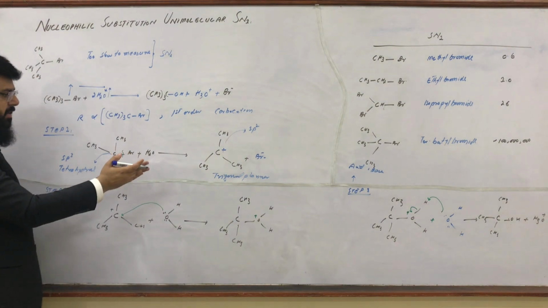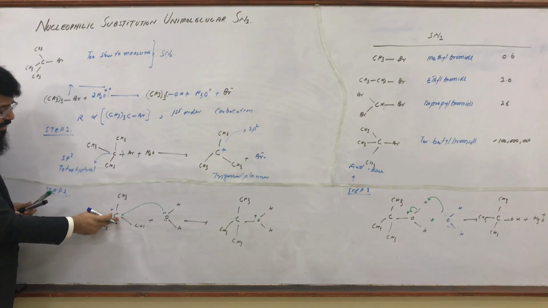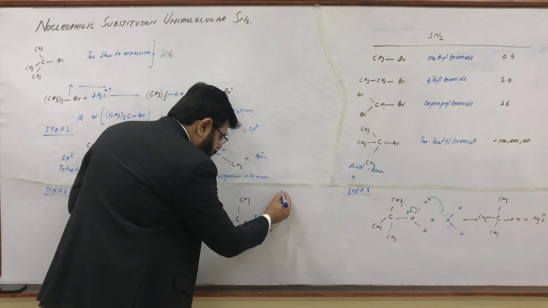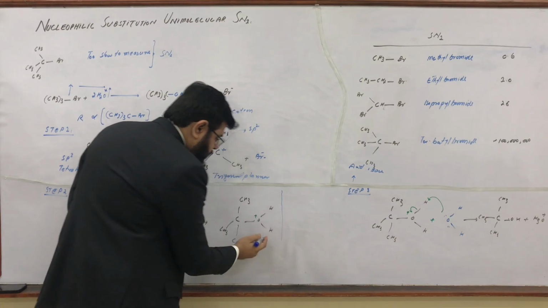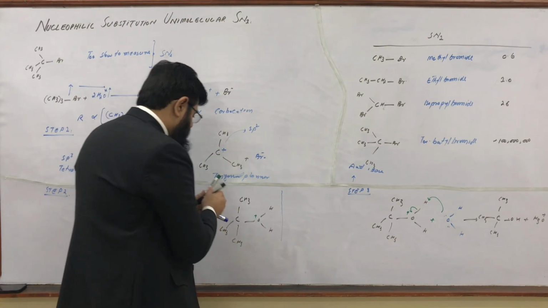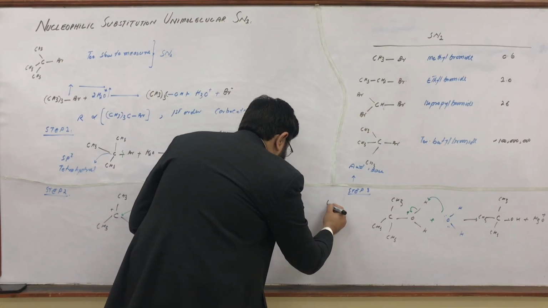This planar geometry provides equal opportunity to the attacking nucleophile. The nucleophile can attack from the front as well as from the back side. So just to show you, I am writing down the other species that can be produced during this reaction.